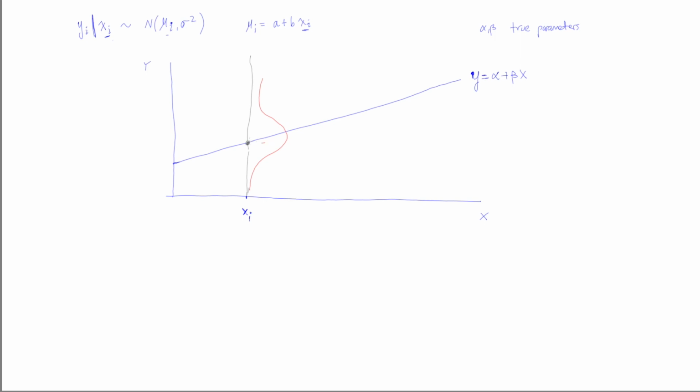Okay, let's just imagine that this is exactly the mean. I know my drawing is not very great, but this is exactly the mean. Okay, and let me also draw the points that we actually observe.